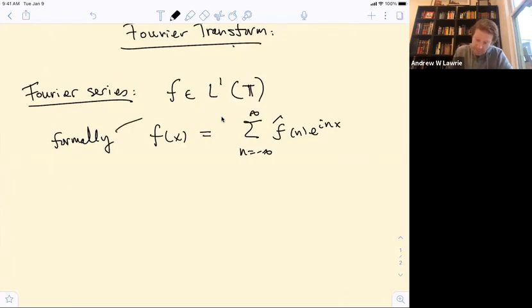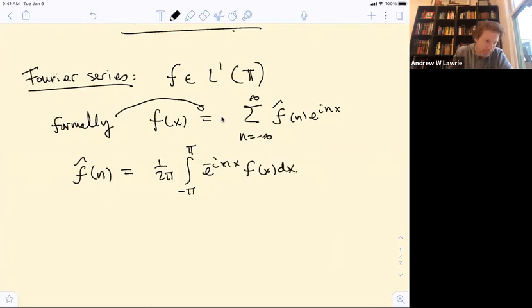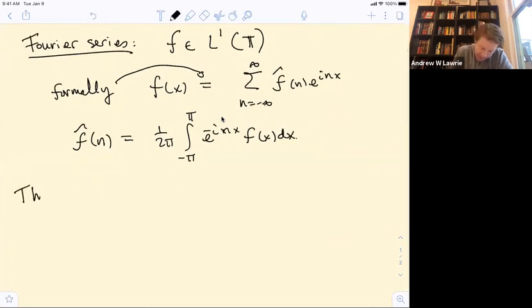Formally we have this for L1 functions, where f hat n is equal to 1 over 2 pi times the integral from minus pi to pi of e to the minus i n x f of x dx. And we proved the following theorem towards the beginning of class.